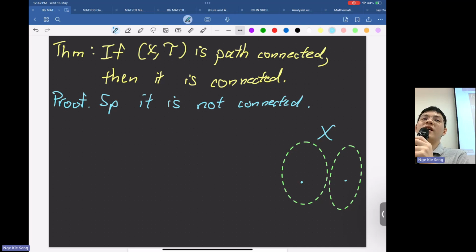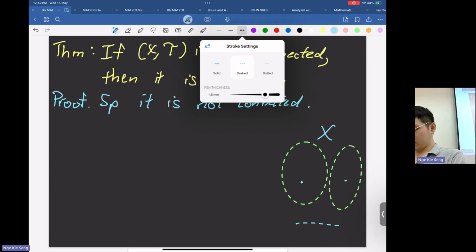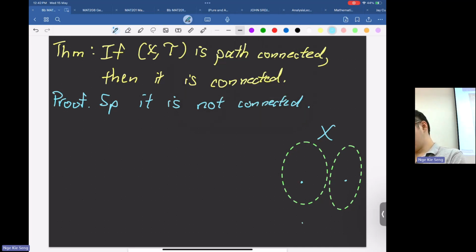And then if you're going to build a path, so you're going to build an interval map from the interval [0, 1] to this space continuously. What you need to do is somehow pass by this disjoint thing here. Okay, so this is somewhat your argument there.